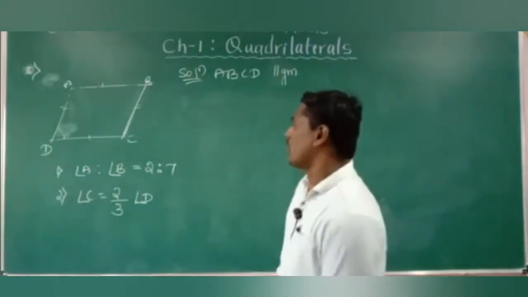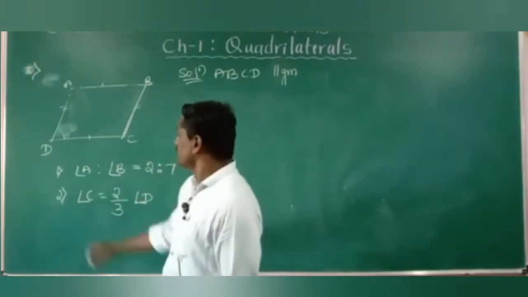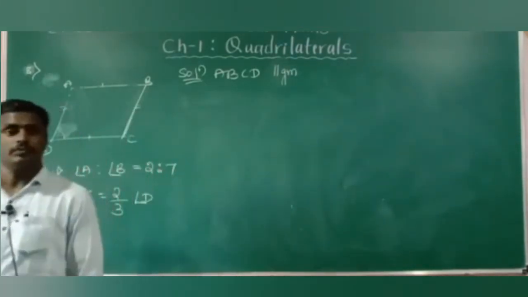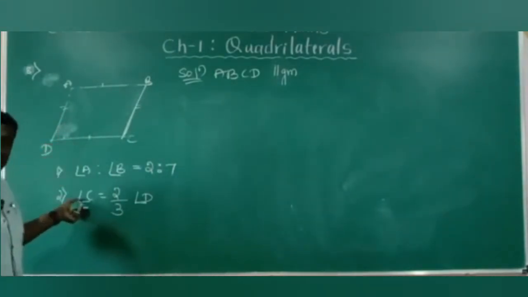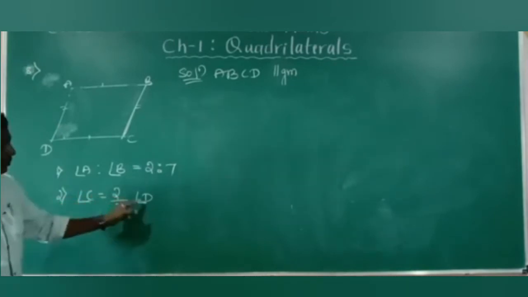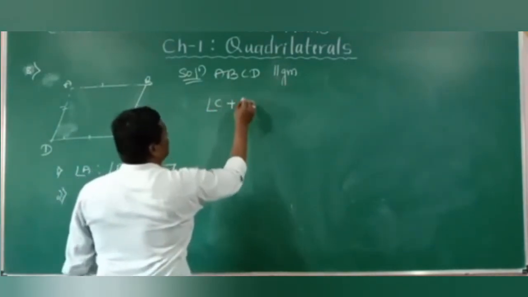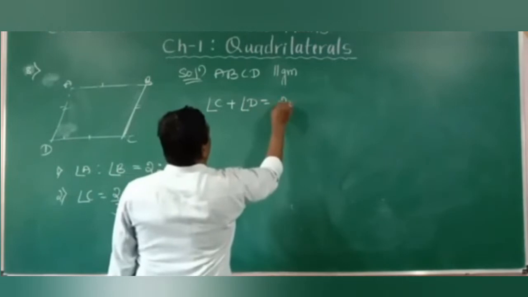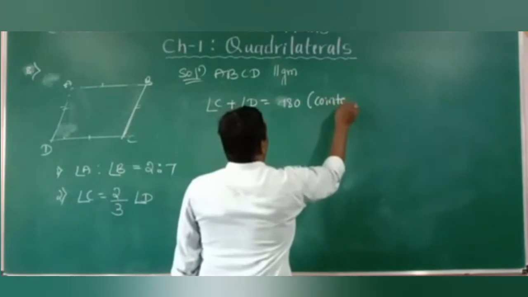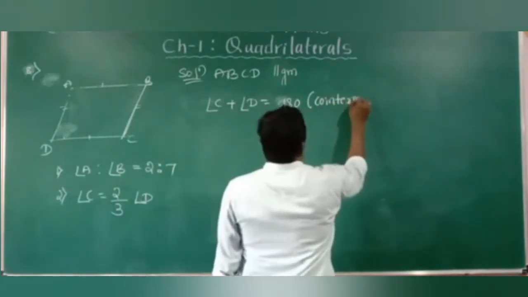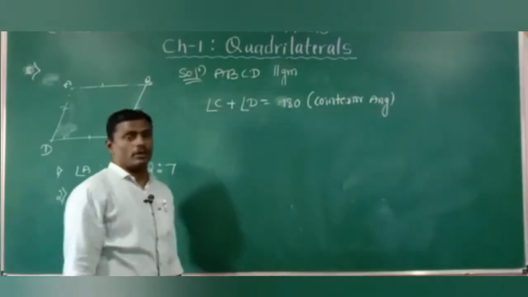The sum of those two angles is always equal to 180 degrees. So what you have to consider is that angle C is 2/3 times D, right? So in the parallelogram ABCD, angle C plus angle D is equal to 180 degrees. Co-interior angles, or you can also write adjacent angles of the parallelogram.